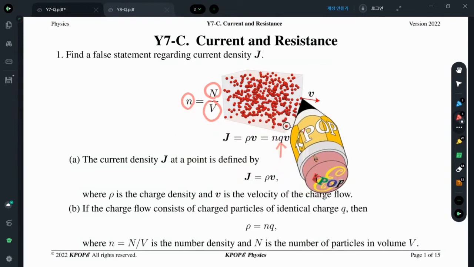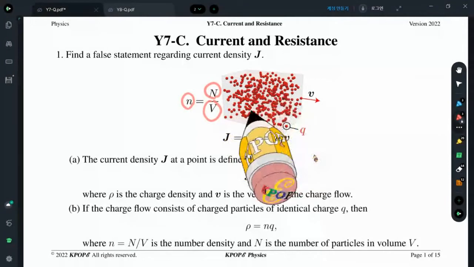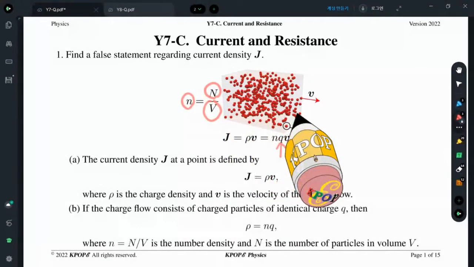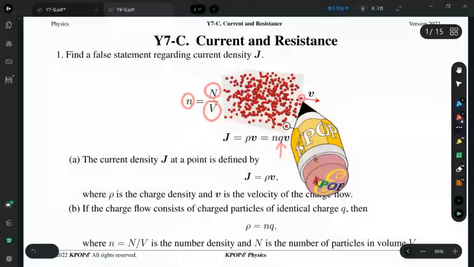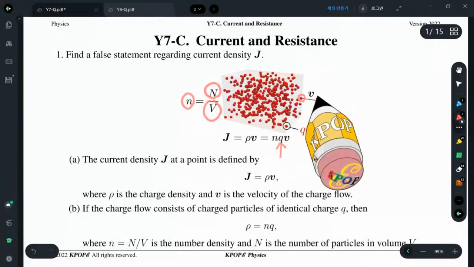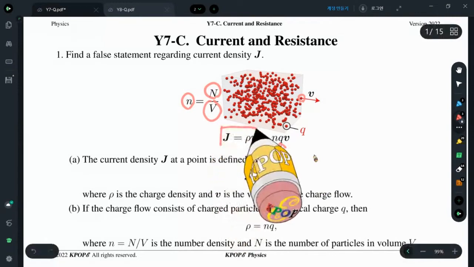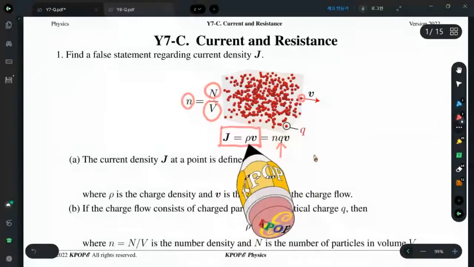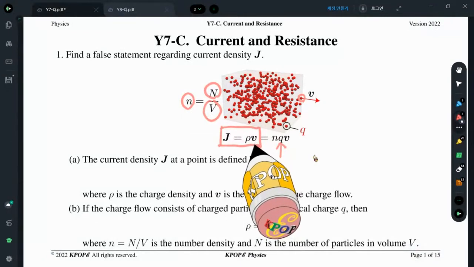And each particle looks complicated, randomly moving, but on the average, we assume they are moving with identical velocity v. Current density is defined by the density of a charge multiplied by the velocity.